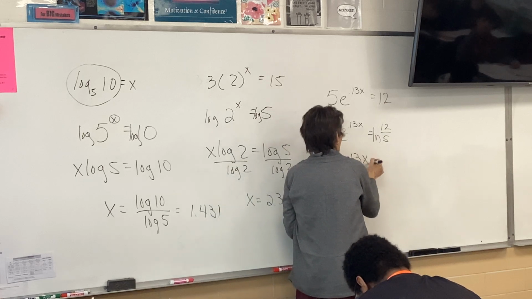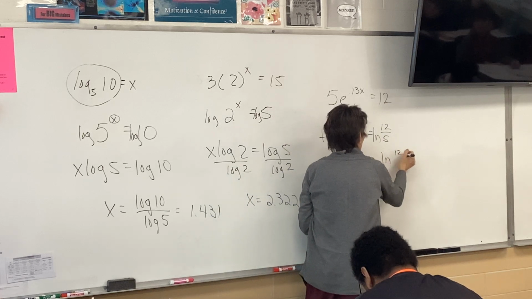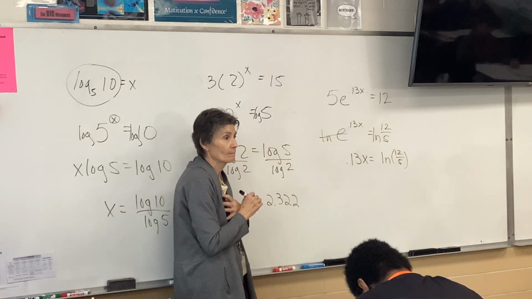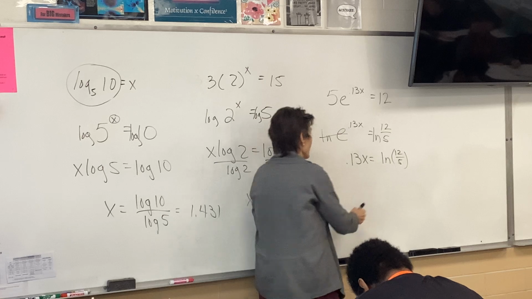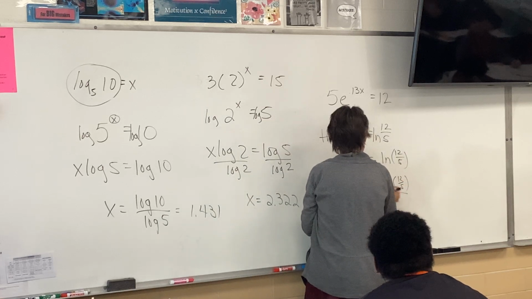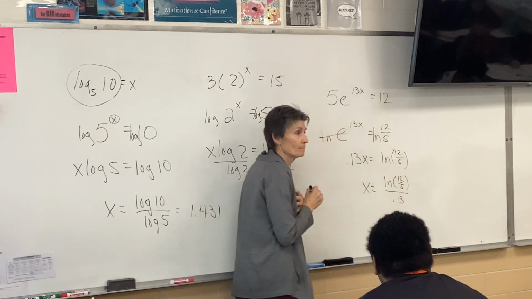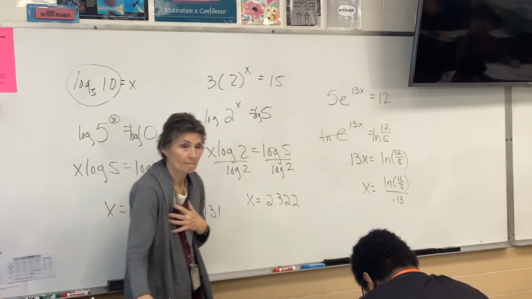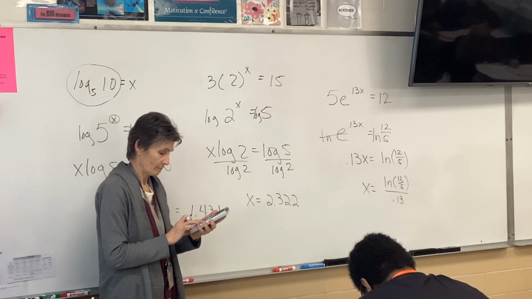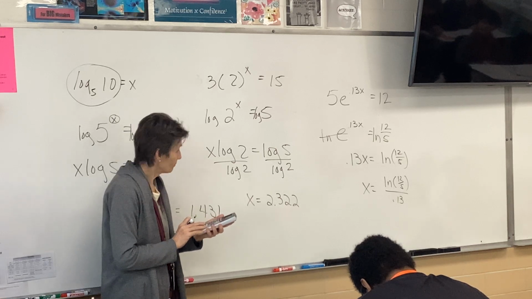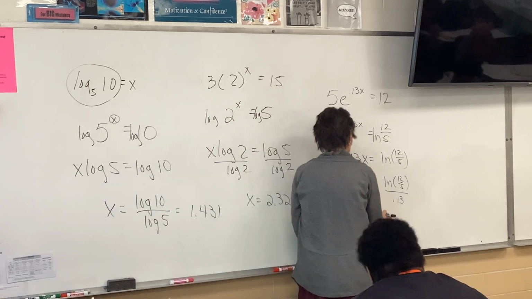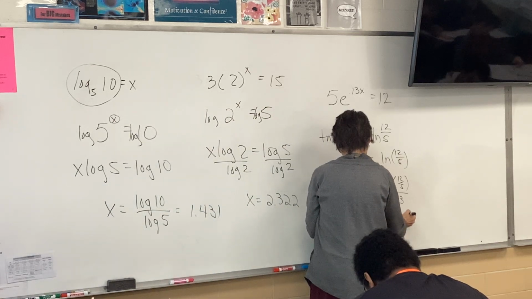So 0.13x equals LN 12/5, and x equals LN 12/5 divided by 0.13. Yep. 6.734.